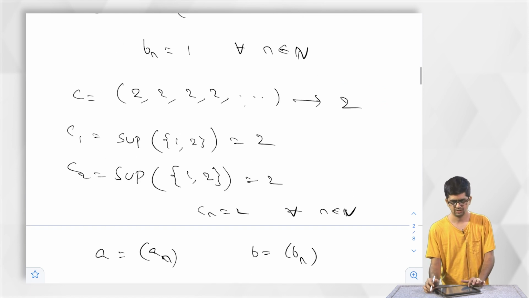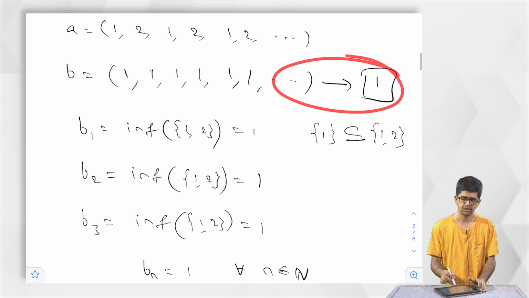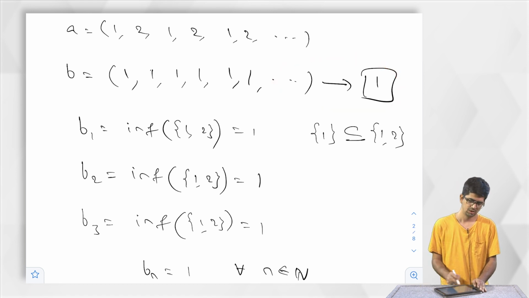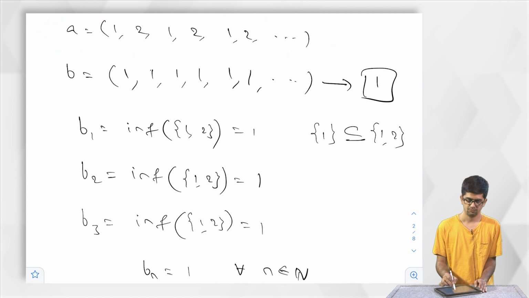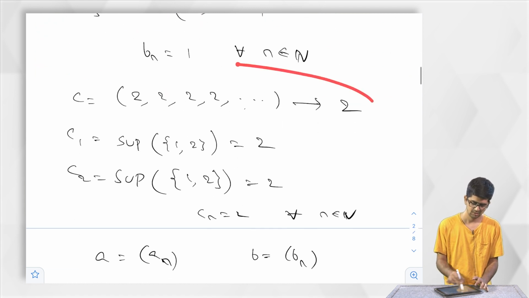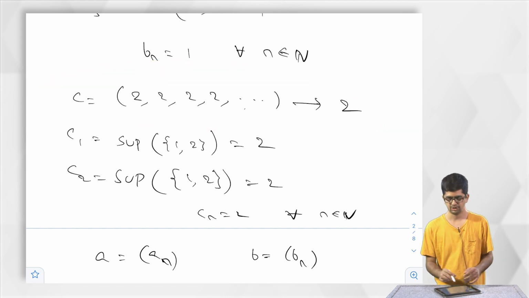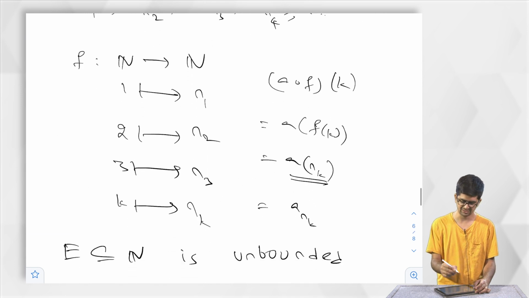But unfortunately, this is 2, this is 1, 1 is not equal to 2. Given this sequence which is not convergent, we got 2 subsequences that converge to different points. Right? We will write down that first. What we have seen there, we will write down.